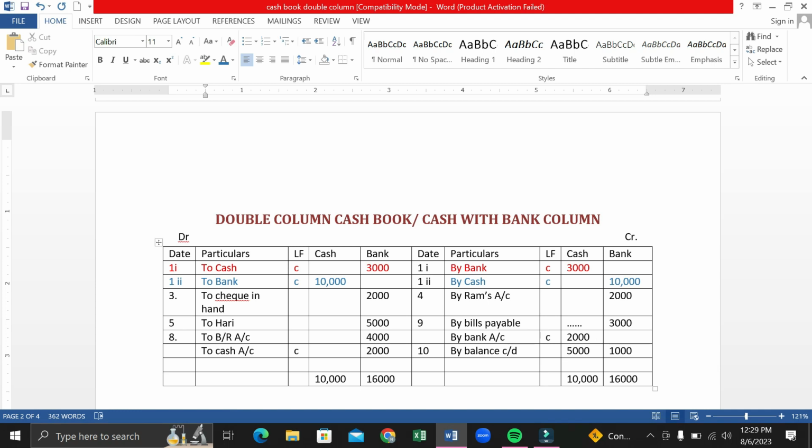Due to that, the bank column will increase because of receiving a check, so we will transfer the check into the bank. So it will affect only your cash book. We will write this on the debit side as to check in hand, and the value will be transferred in the bank column itself.